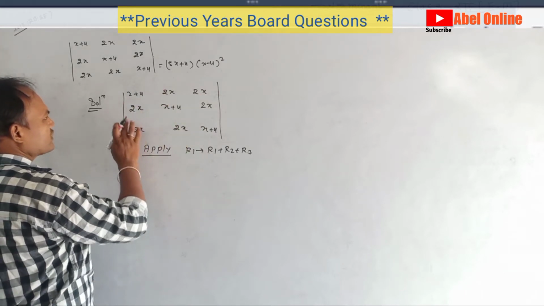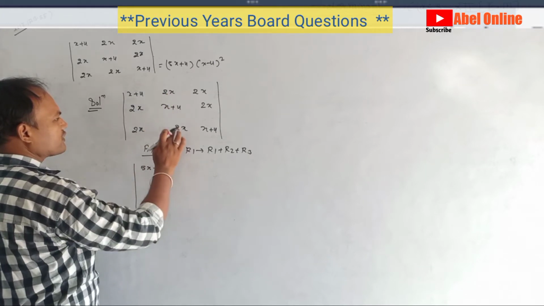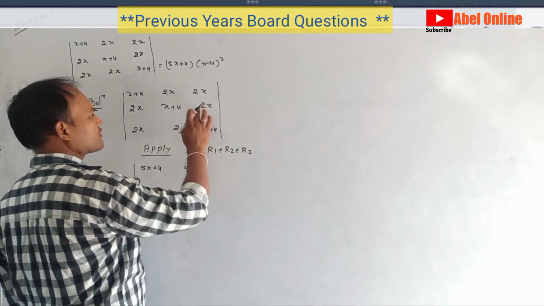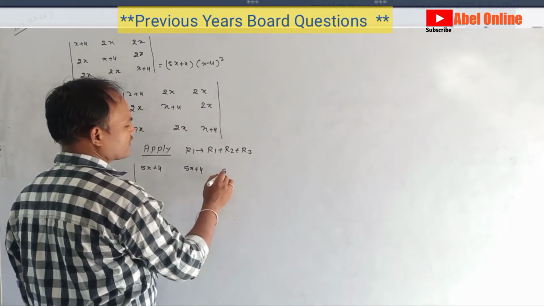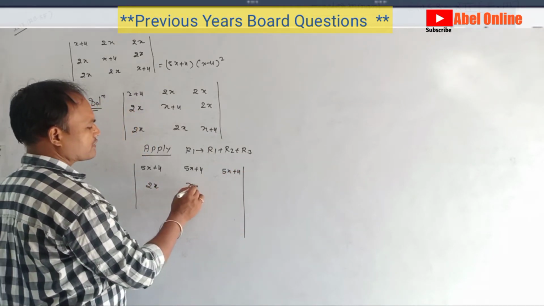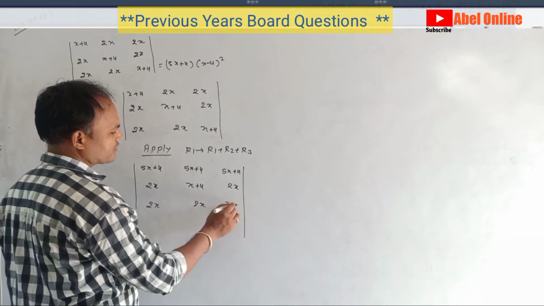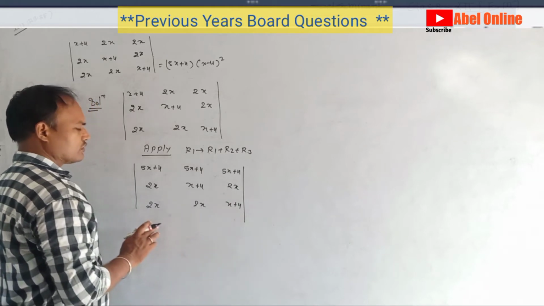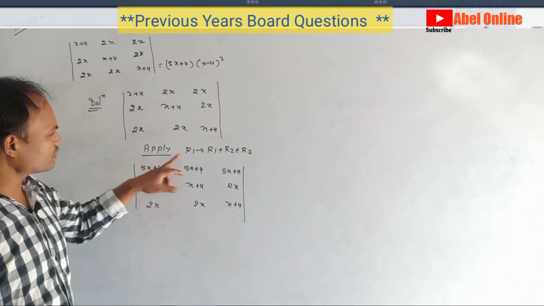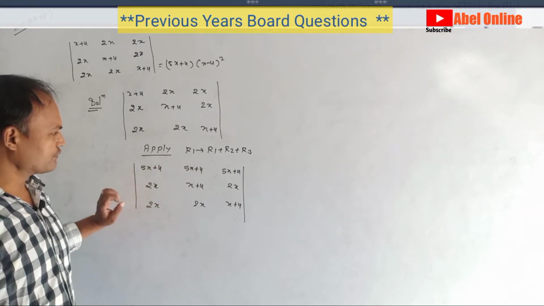So what is it here? 2x plus 2x plus x plus 4 is 5x plus 4, and the same in every entry of the first row. R2 and R3 do not change because we operate only on R1, so both other rows stay the same: twice x, x plus 4, twice x, and twice x, twice x, x plus 4.